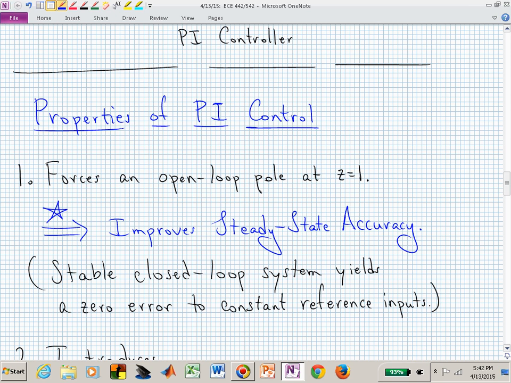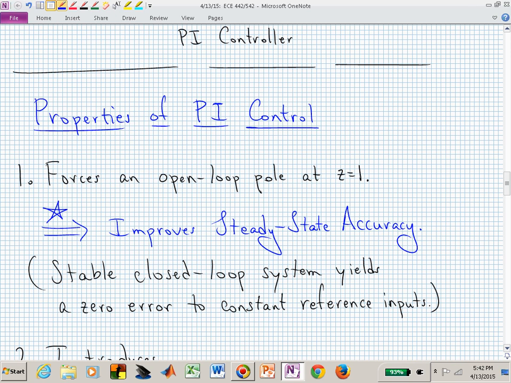We're trying to enhance the steady state accuracy of our system by introducing a PI controller, which really says that if you now have a PI controller and you can stabilize the closed loop system, you're guaranteed, no matter what you set your gain at, as long as you set it to make your closed loop system stable, your steady state error due to any constant will be 0 because of that pole at Z equal 1.